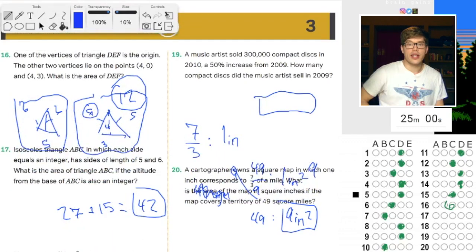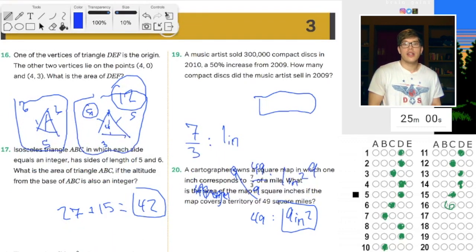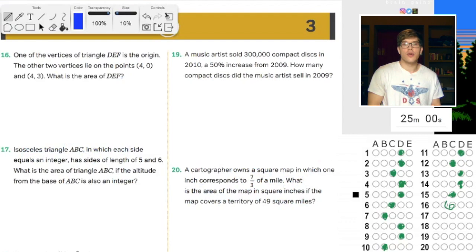Okay, let's go back up. Let's look at number 19. This one said a music artist sold 300,000 CDs in 2010, which was a 50% increase from 2009. How many CDs did he sell in 2009? Well, think about it. Don't think of large numbers. Think of small, easy numbers. I was just thinking of 3, and then I was told this was a 50% increase from last year.